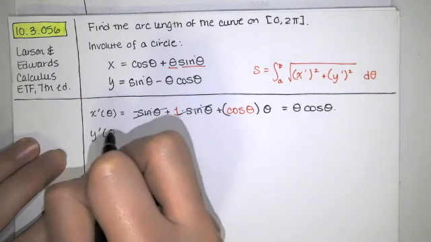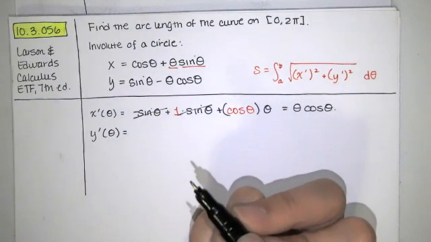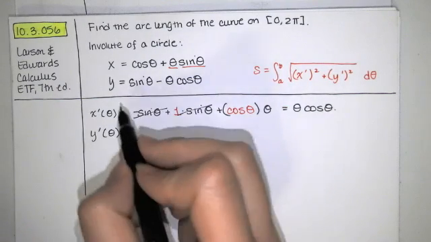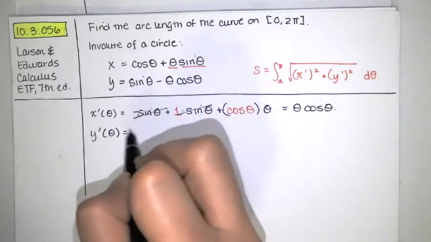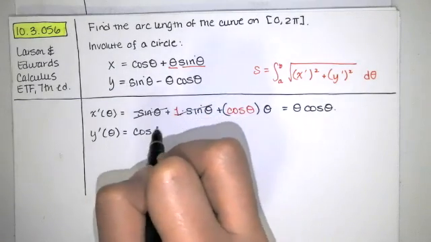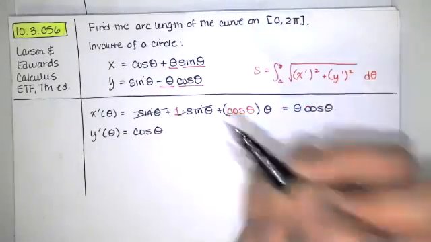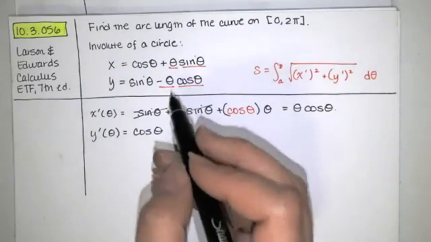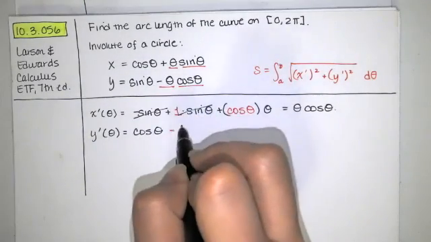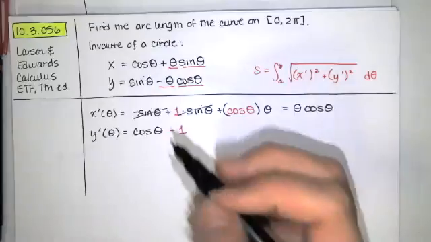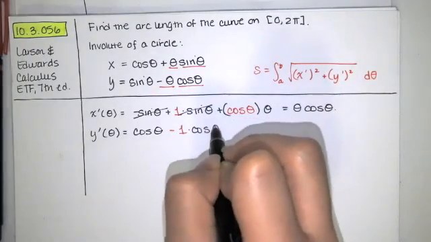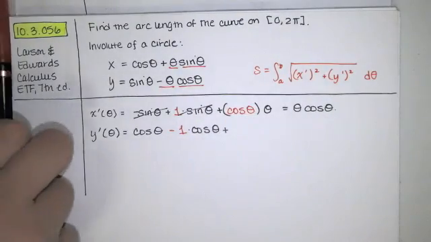Similarly, let's find y prime of theta. We've got the derivative of this term, the derivative of sine of theta is cosine of theta. And this piece will require the product rule. I'll think of that as my first term and that as my second term. We'll take the derivative of the first term and multiply it by the second, and then we'll add the derivative of the second term.